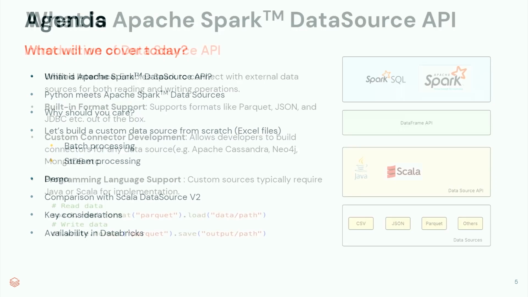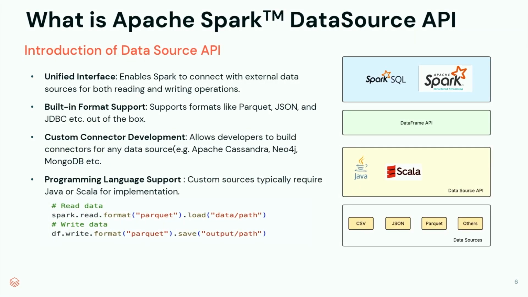So moving ahead, as we all know, Apache Spark is a unified data processing engine, and it supports a lot of data sources. Some of them are inbuilt, like CSV files, JSON files, and Parquet files. All of these connectors are available inbuilt from Spark.